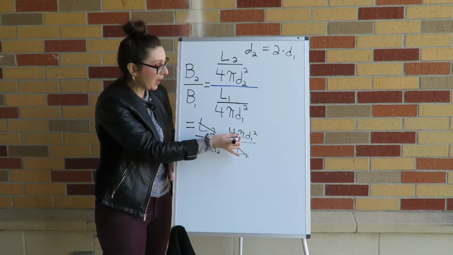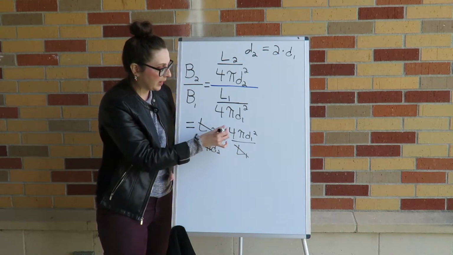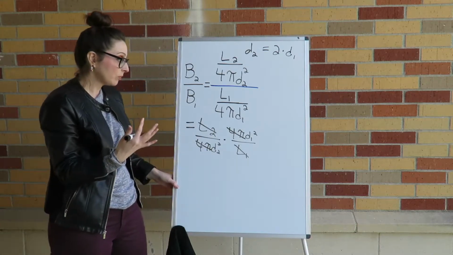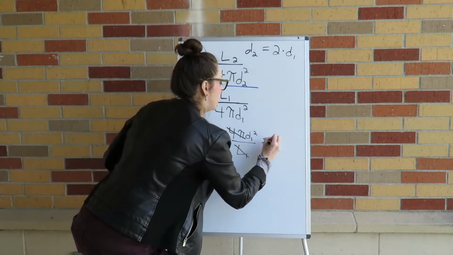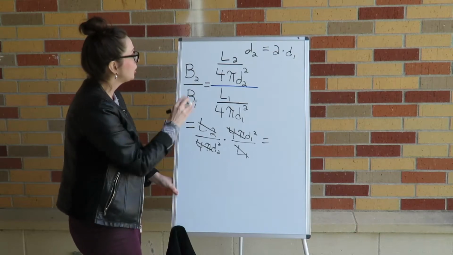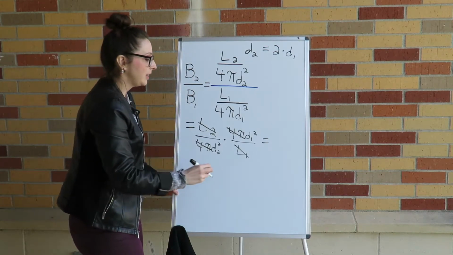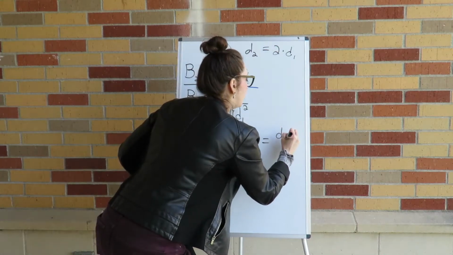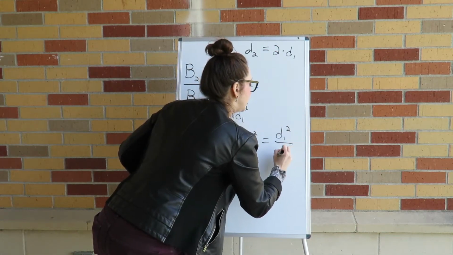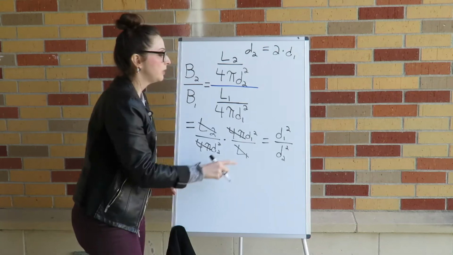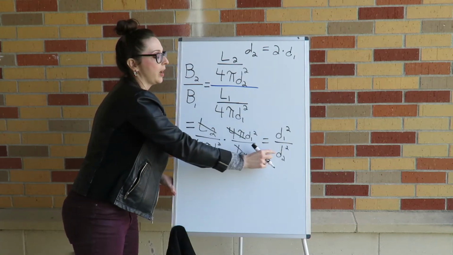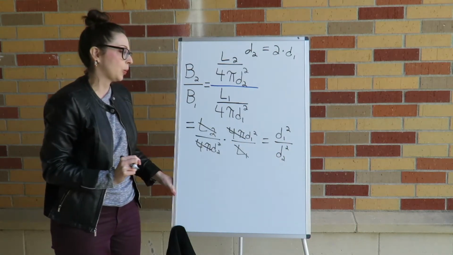We've got 4 pi on the top and the bottom, so I can cancel those out too. And my resulting equation says that B2 over B1, the brightness of star 2 over star 1, is equal to d1 squared over d2 squared. So it's equal to the distance to our first star squared divided by the distance to our second star squared.